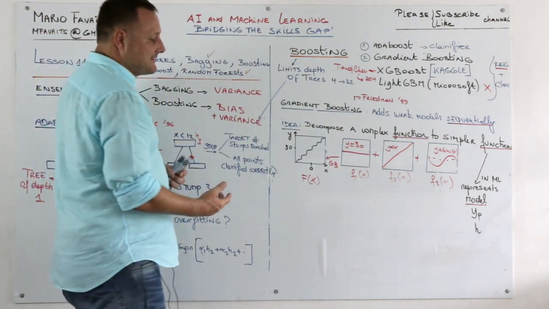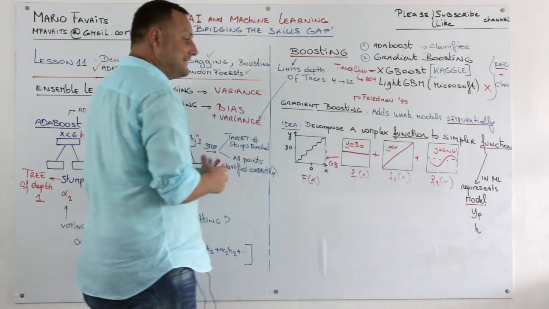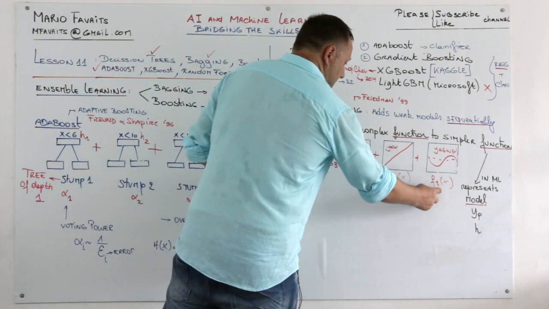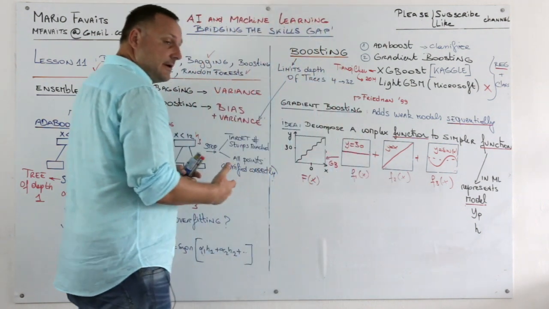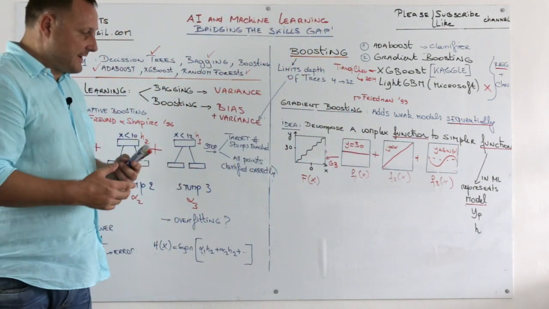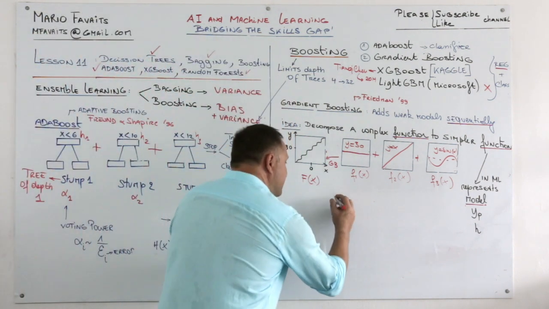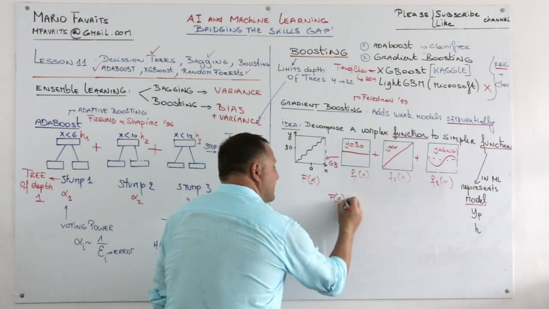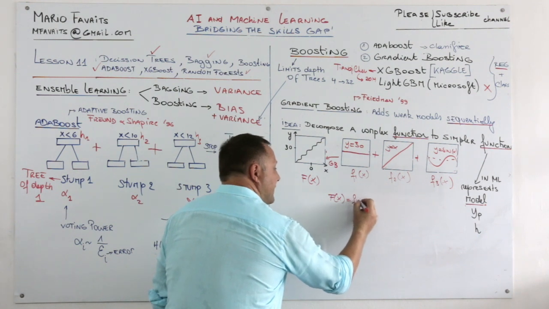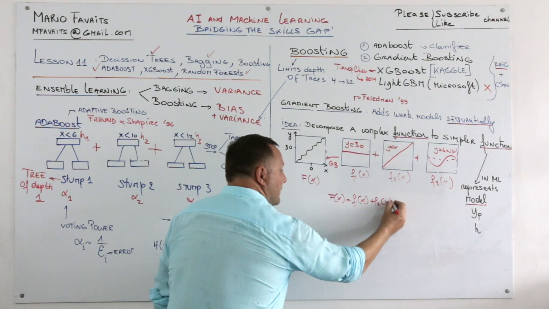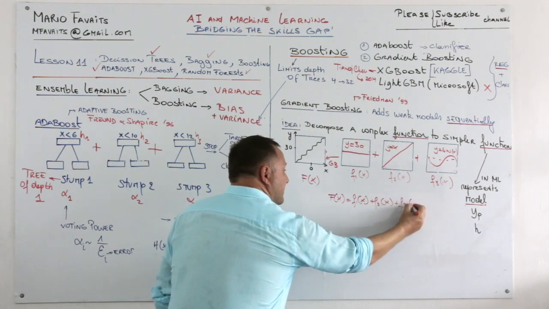And this is basically what gradient boosting is doing. It combines simple classifiers and makes a strong classifier. So you can easily see that f of x here equals f1 of x plus f2 of x plus f3 of x.